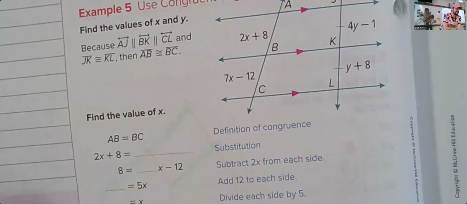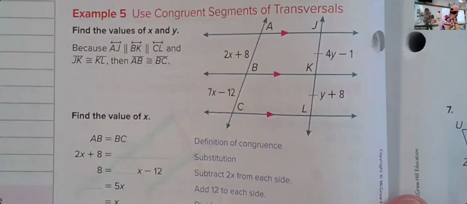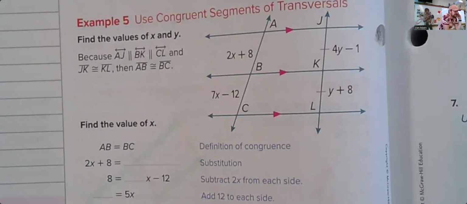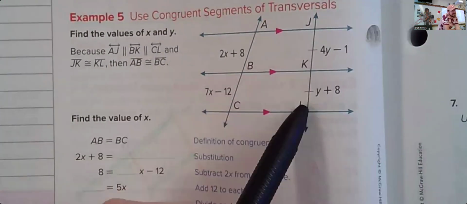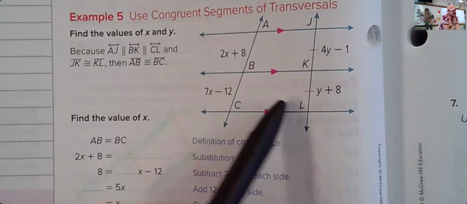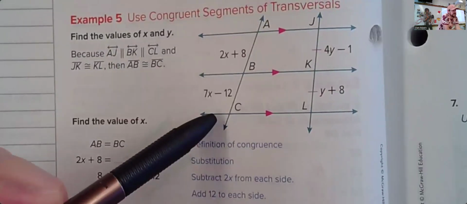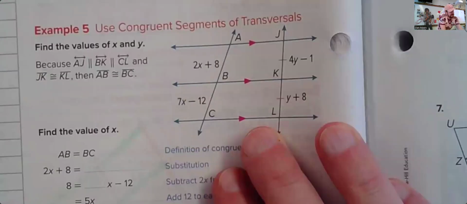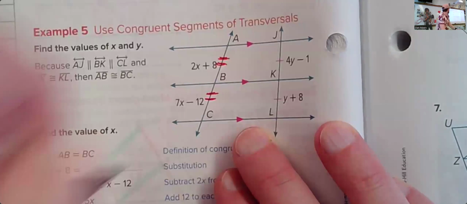Last one, example 5. We're going to be using congruent segments of transversal. If you have 3 parallel lines and a transversal that cuts through them and creates congruent segments, which we have here, that means any other segments cut by another transversal must also be congruent, which means AB is congruent to BC.